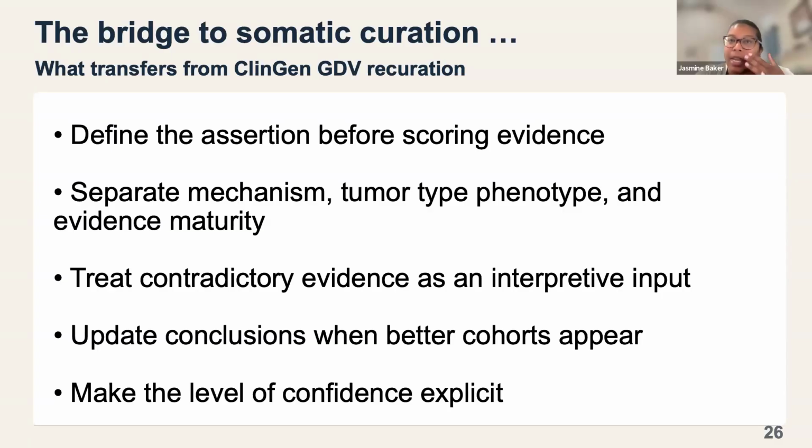Several habits I think can transfer directly from gene disease validity with germline curations to somatic, such as defining your exact assertion before you're scoring evidence, separating the mechanisms or phenotypes that you're looking at, treating contradictory evidence as an interpretive input instead of something more concrete, updating your conclusions whenever you have better cohorts or better data available, and making your level of confidence explicit.